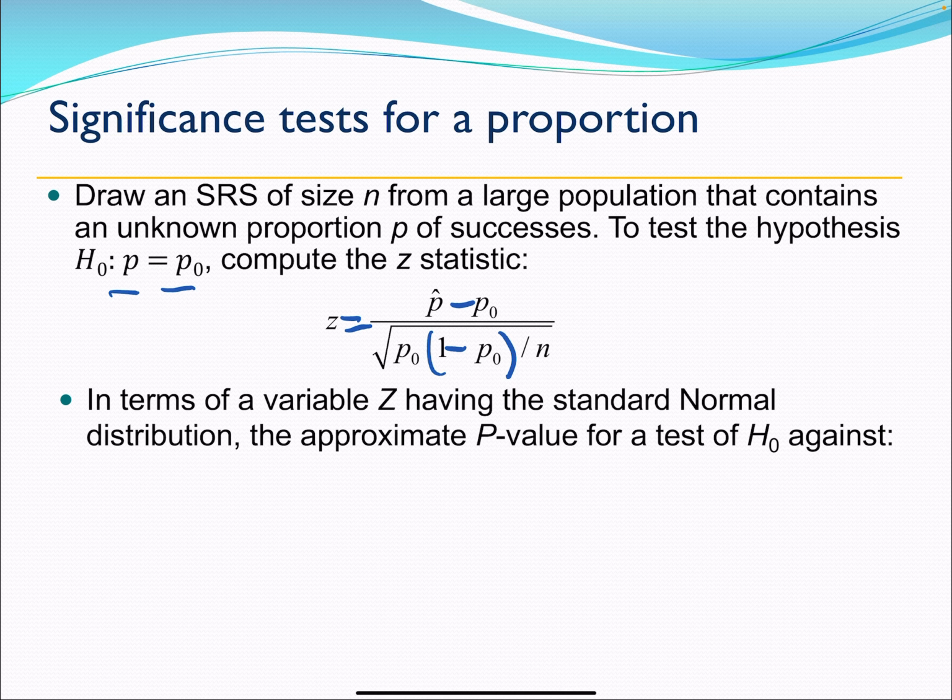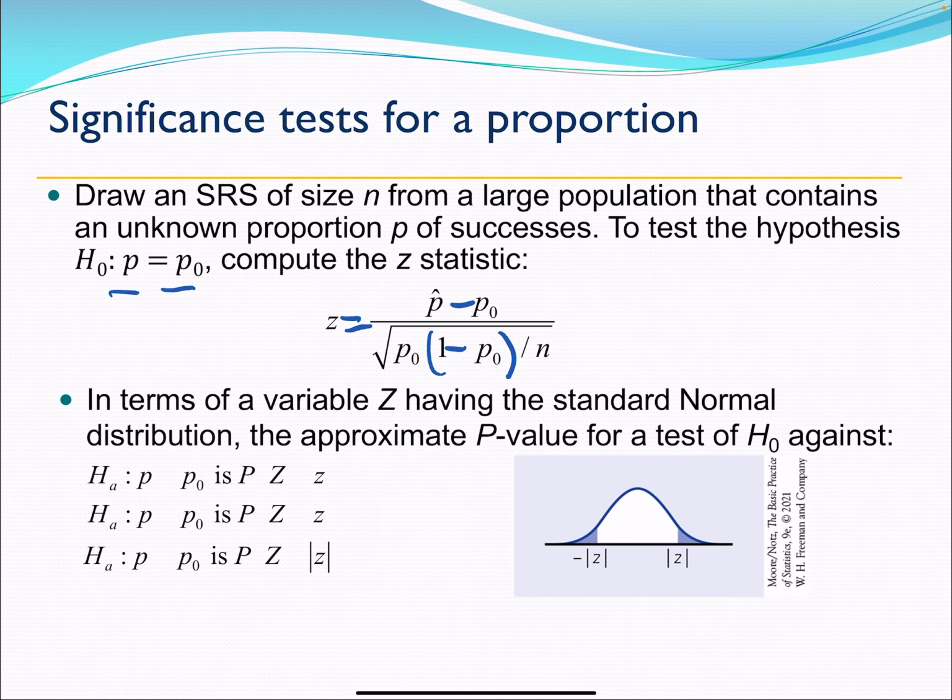And in terms of our variable Z having the standard normal distribution, the approximate p-value for a test of H naught, P equals P naught, against P is greater than P naught is the probability that Z is greater than z. P is less than P naught, so Z will be less than z.